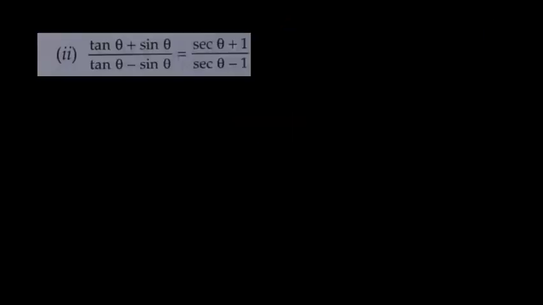Now the next question is tan theta plus sin theta upon tan theta minus sin theta. You have to prove that it equals sec theta plus 1 upon sec theta minus 1. So again we will start with the LHS. LHS is equal to tan theta plus sin theta divided by tan theta minus sin theta.